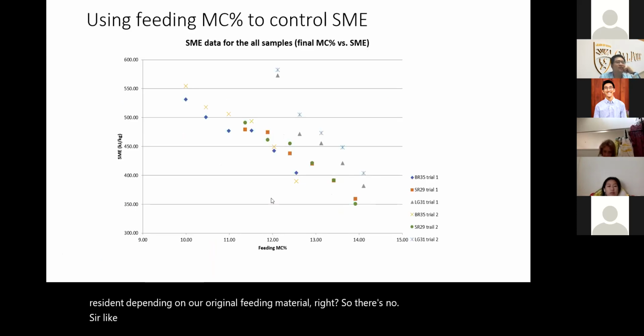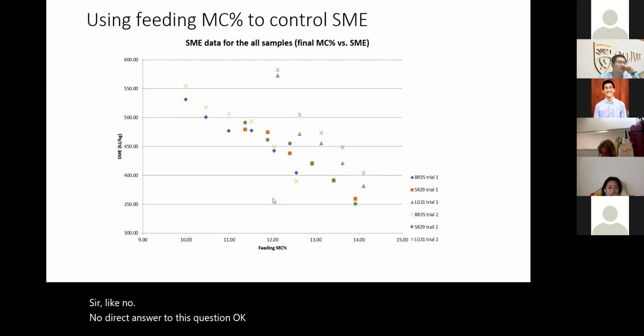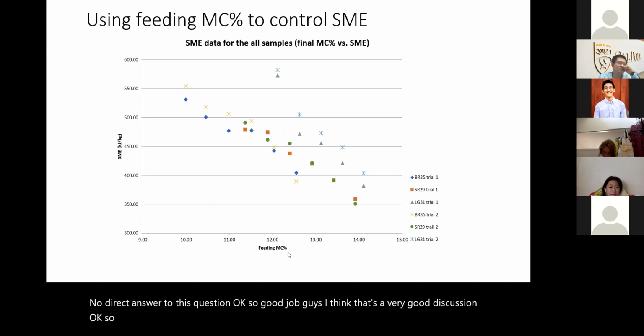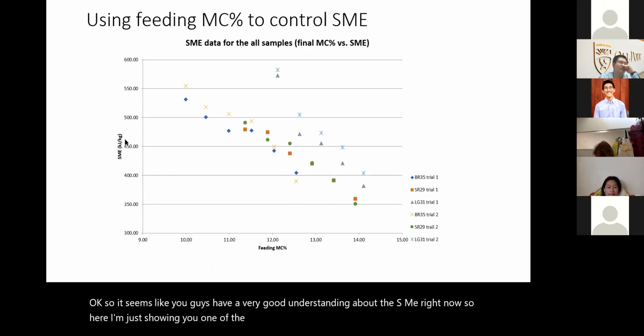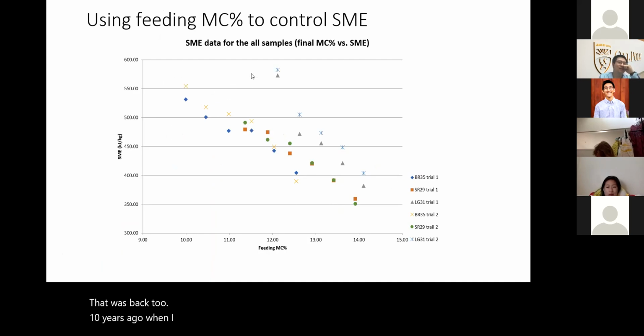Okay, so it seems you guys have a very good understanding of the SME right now. So here I'm just showing you one example from about 10 years ago when I was working on the extruder. Here's a set of data that I collected using the feeding moisture content to control the SME. For different samples, you can see an almost linear correlation between the moisture content and SME.